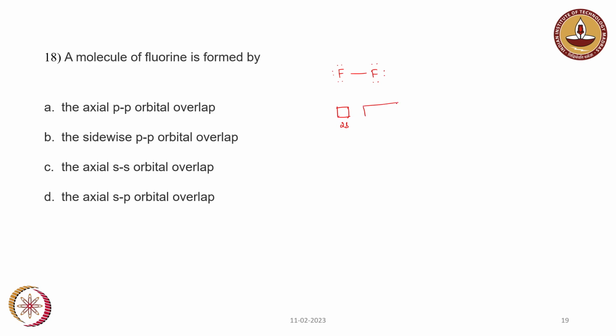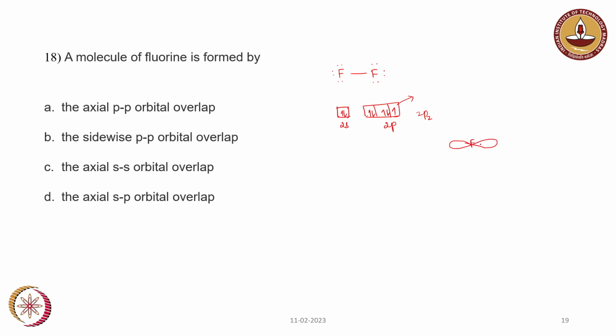So one fluorine has 2s and 2p, with 7 valence electrons. So this orbital, that is if it is 2pz, they will overlap along the axis.